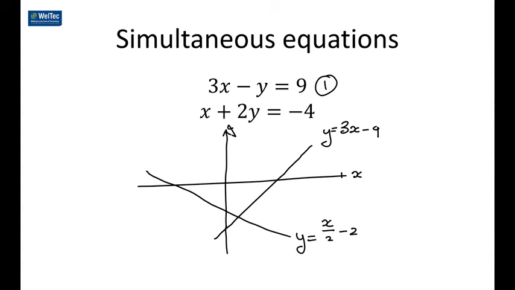So now it's going to go through negative 2 there. If I've drawn it accurately enough, I can read off that point of intersection there, and I can see on a beautiful graph that my answer there would be 2, negative 3.